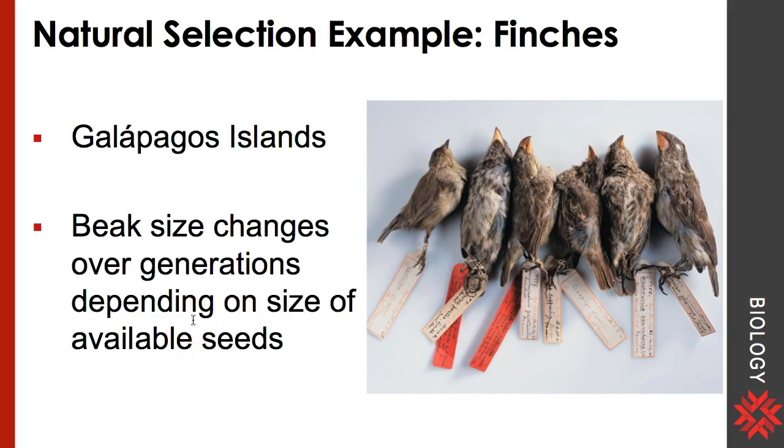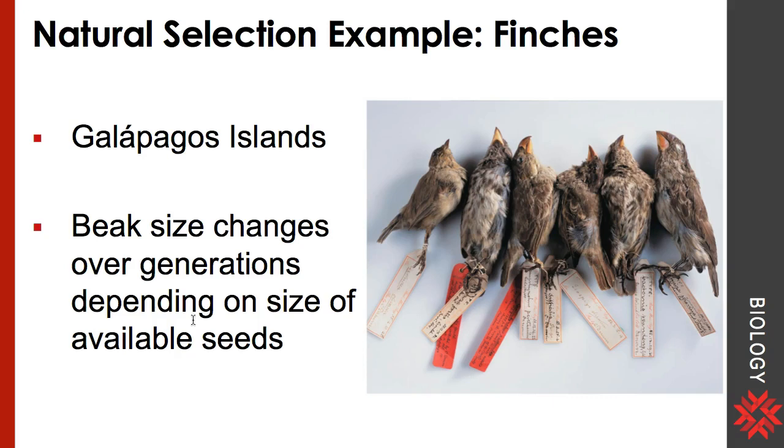Now, those beak sizes change over generations, and it changes depending on what seeds are available. So scientists looked at the beak size of these finches over a couple of decades, and what they found was that in dry years, those small preferred seeds were in short supply.